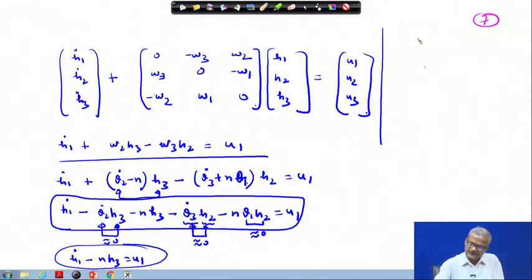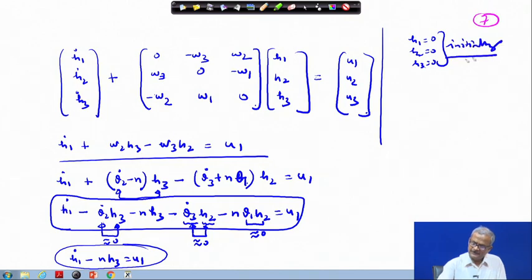Initially your H 1 may be 0, H 2 may be 0, H 3 may be 0. But as you actuate the gimbal, no longer will H 1, H 2, H 3 be 0, though initially they may be.